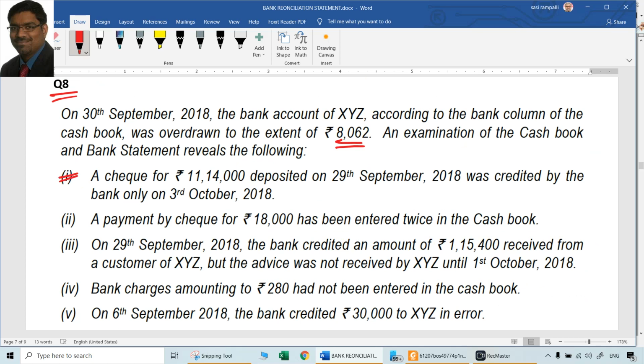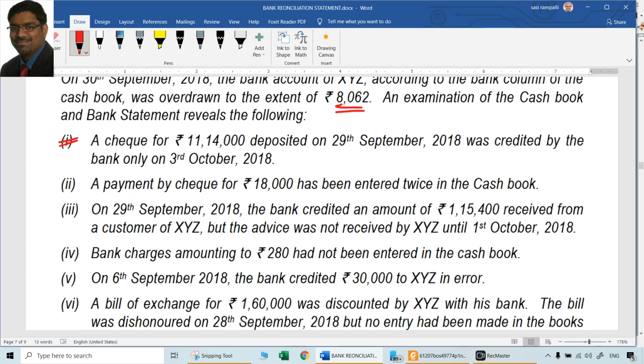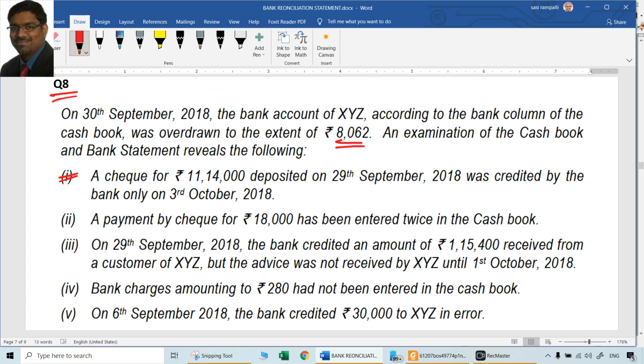A check for 11,14,000 deposited on 29th September was created later, which was created after 30th September for sure. We would have dealt with that correctly. We would have debited our cash book, but the bank did not do anything because it was not even deposited on 30th September. No mistake here, but still there is a timing difference.